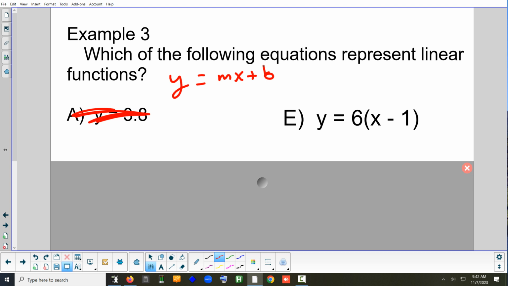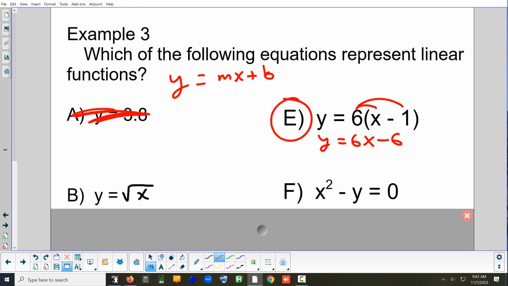Yes. What could we do with the 6? Distributive property. What do you get if we do the distributive property? 6x minus 6. Now, does it look like a linear pattern? Yep, it is. So which of the following functions are linear? I'm going to just circle the ones that are linear. E is definitely linear.